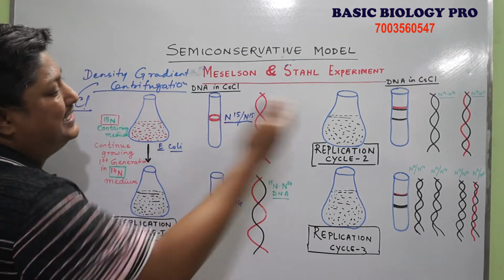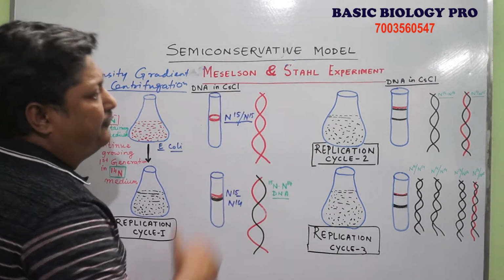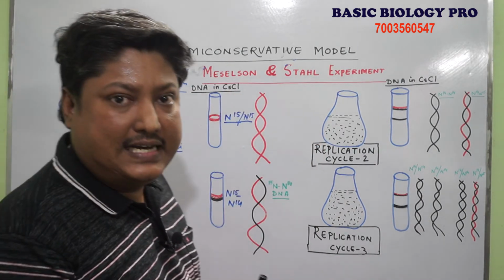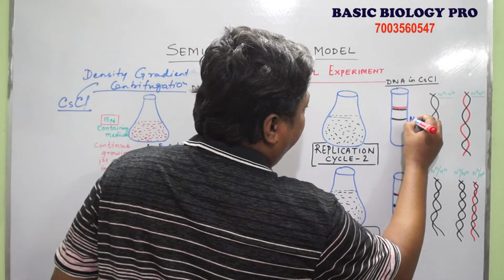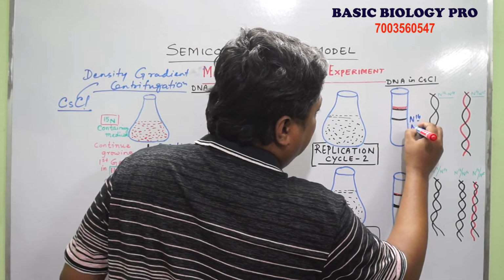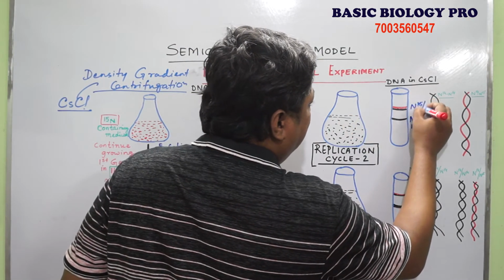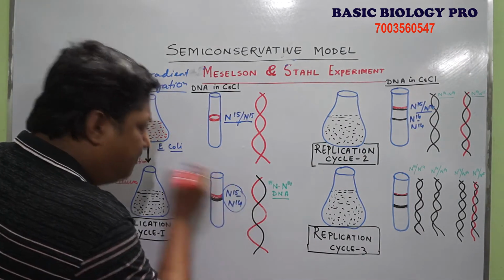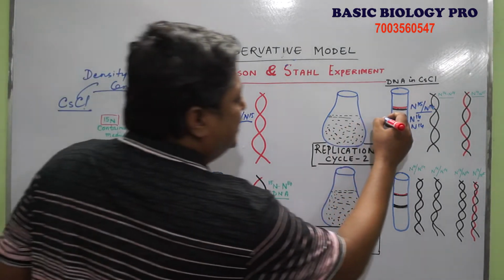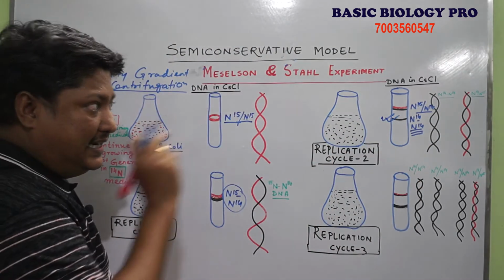So we move to the next replication cycle, where we again found a surprising result: a new band appeared, the N14 band, along with the N15N14 band.